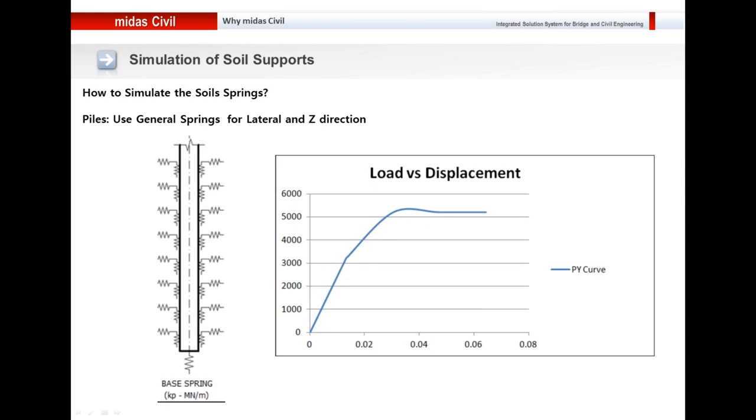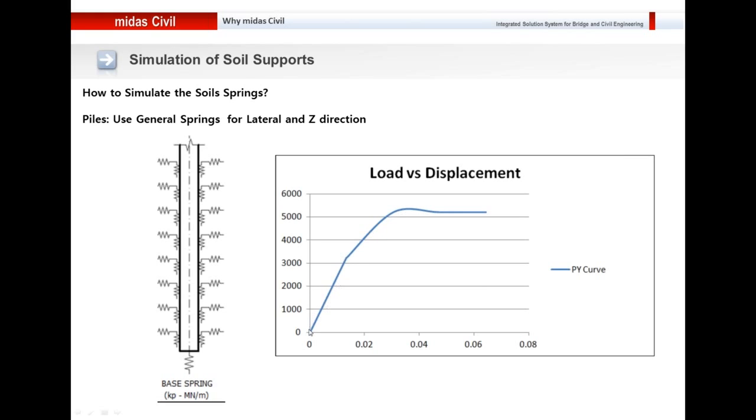Now these nonlinear characteristics can affect the analysis to a greater extent. If you work on rail bridges, you would know that the ballast also has these kind of characteristics, and when we perform analysis on those types of bridges, we need to make sure that this behavior is simulated.